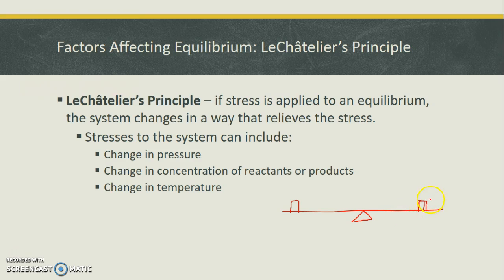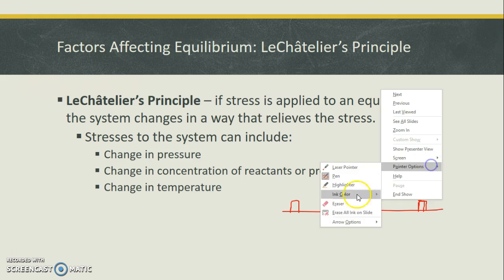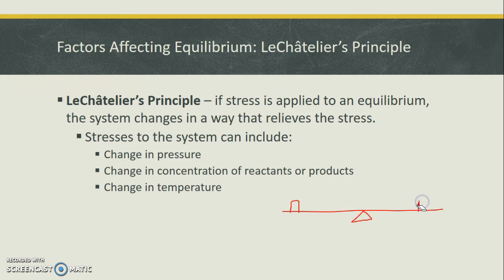But if you did something like take this block off of it, like if we come in here and erase this block, this side is now going to sink down and this side's going to raise up because this one's heavier. And the only way for you to fix this would be to add some more weight back to this side to get us back to equilibrium.